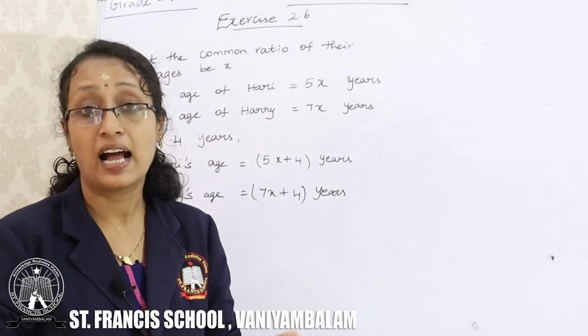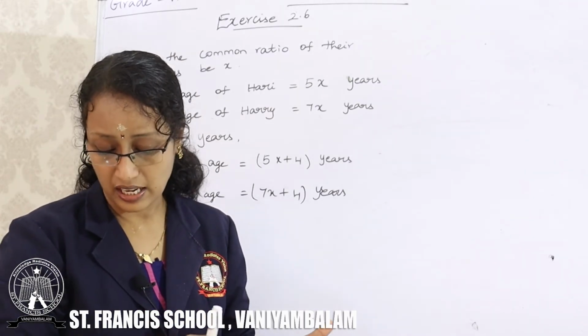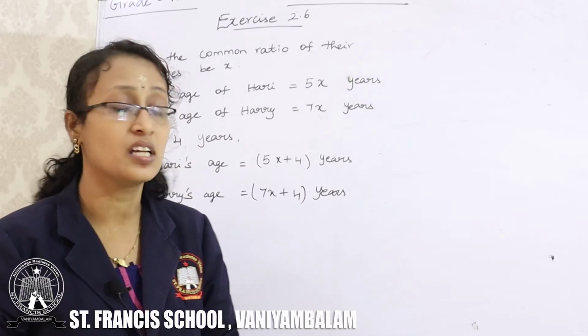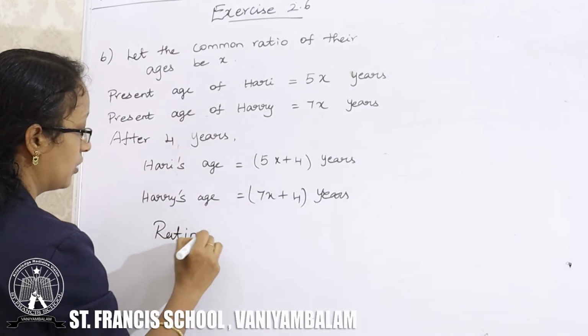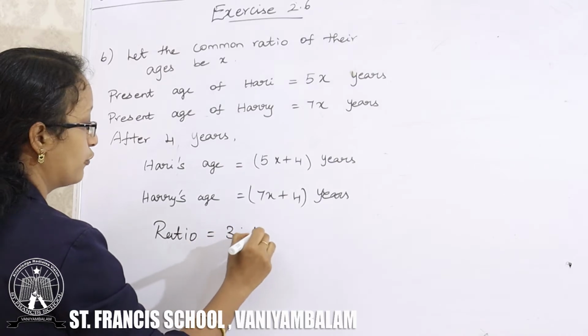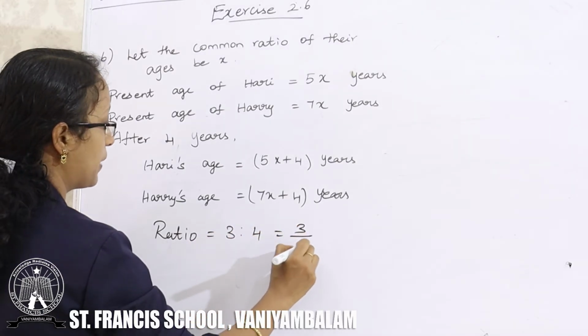And it is given after 4 years, the ratio of their ages will be 3:4. That is, you can write 3/4.